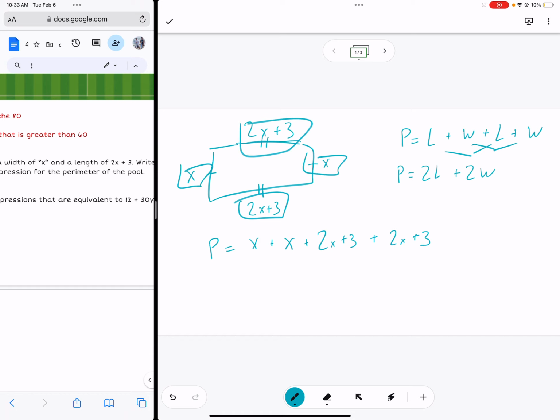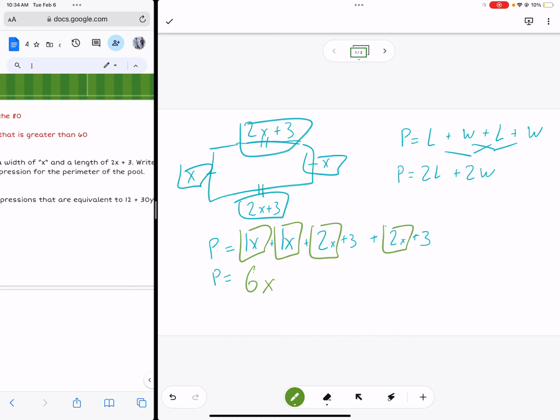I have this nice fancy expression. I can combine like terms. So how many x's do I have? I've got 1x, 1x, 2x, 2x. When I add all those up and combine like terms, what do I get? We're combining this x, this x, this x, and this. So we're going to add up to 6x.